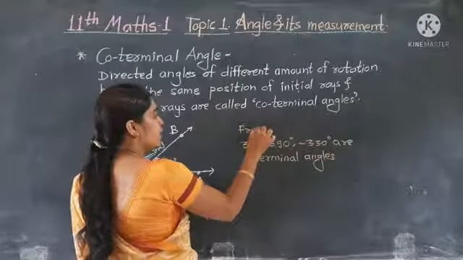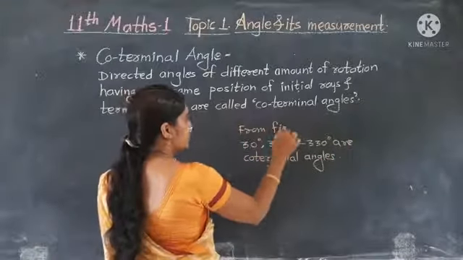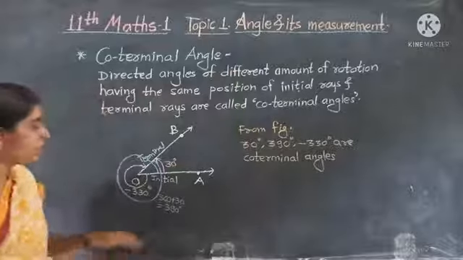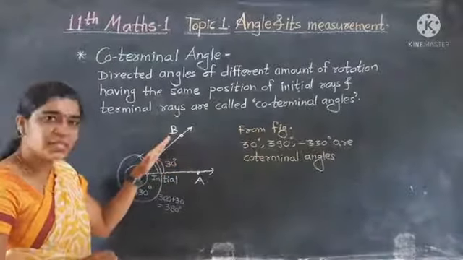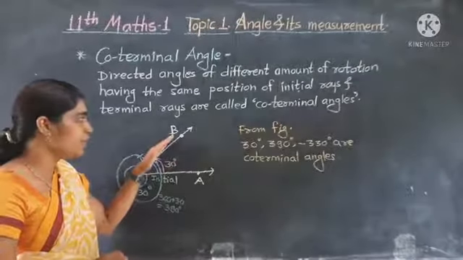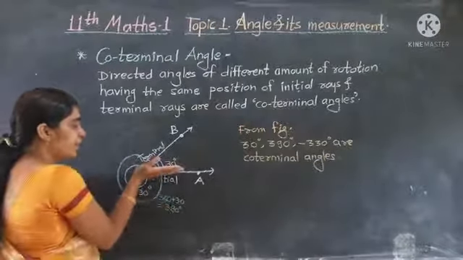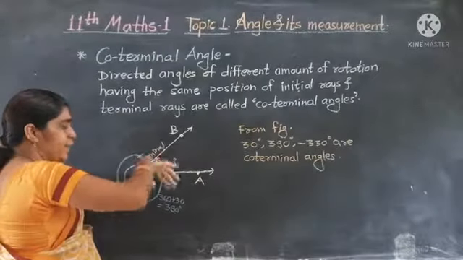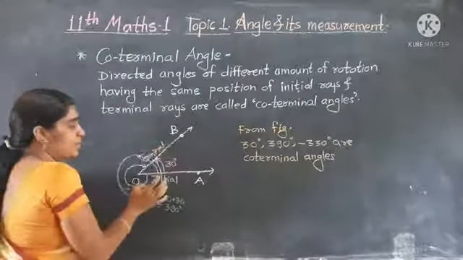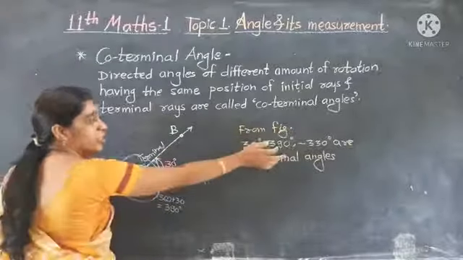From the figure we write as, this is the 30 degree angle. Its initial arm is OA, final or terminal arm is OB. Then 390: its initial arm is OA, a complete angle and up to OB. Means this is 360 + 30, 390.